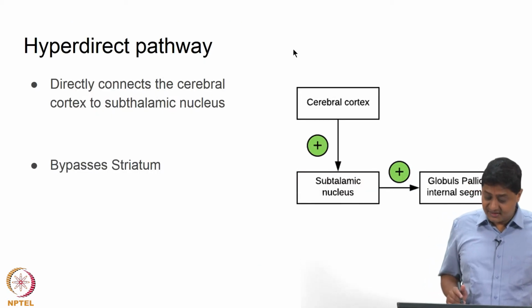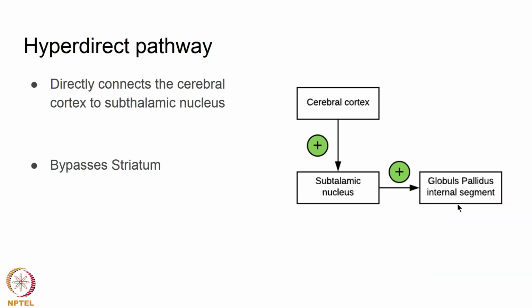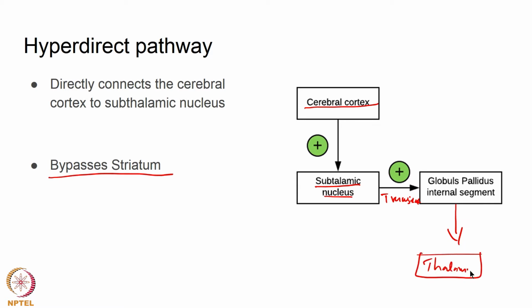In this case, the subthalamic nucleus is directly excited by projections from the cortex, right. So, there are direct connections from the cortex bypassing the striatum to the subthalamic nucleus, and let us remember what the subthalamic nucleus does. The subthalamic nucleus is providing transient excitatory input to the globus pallidus internal segment, which provides the tonic inhibition to the thalamus, is it not?